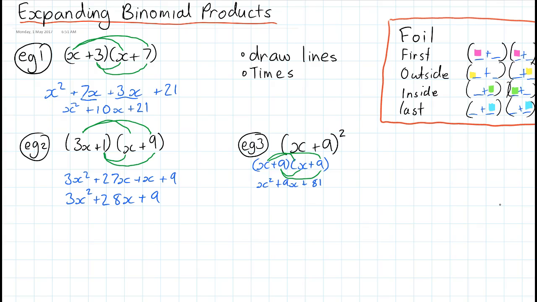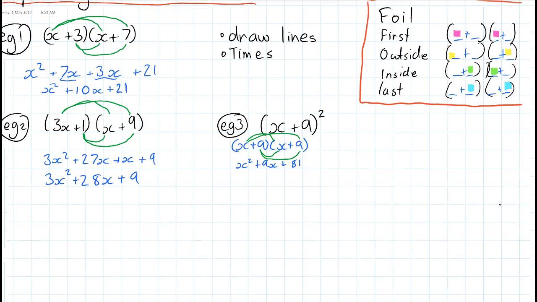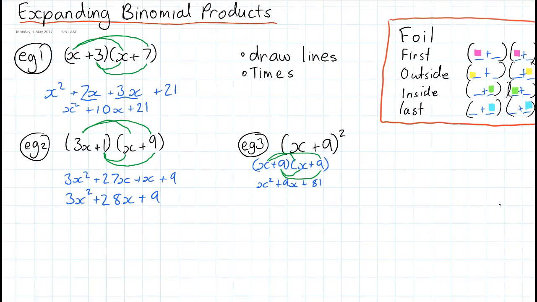Okay, so for people interested in the why, I'll explain a little bit of the why and FOIL at the same time. I think when we're learning our 12 times tables, this is the best example of this. If you've got 12, it's made up of 10 and 2. So 12 times 13, say, is made up of 10 plus 2 and 10 plus 3. And this is the way many people do this times table in their head.